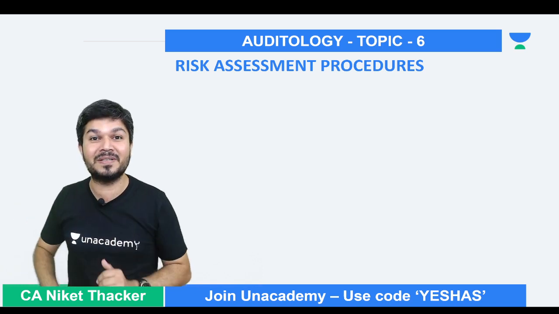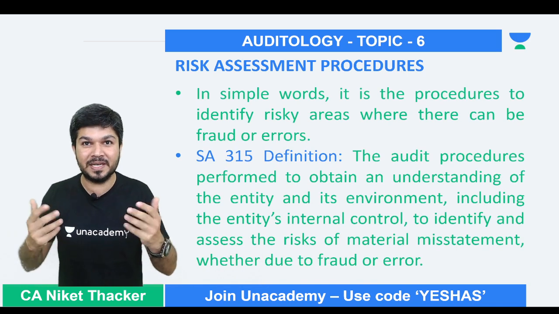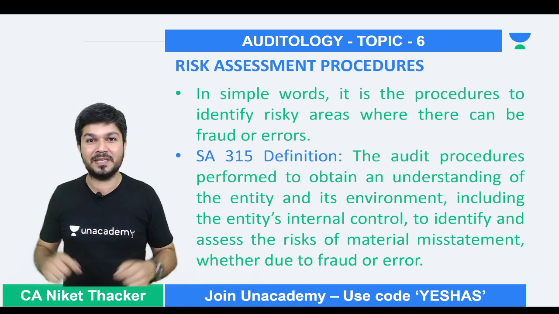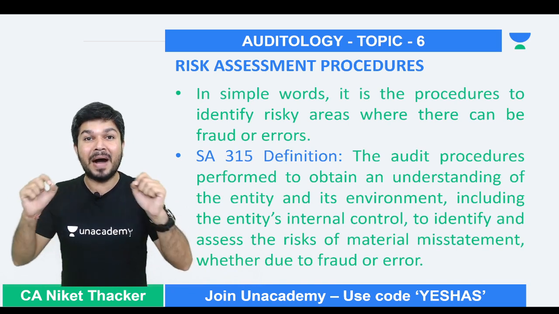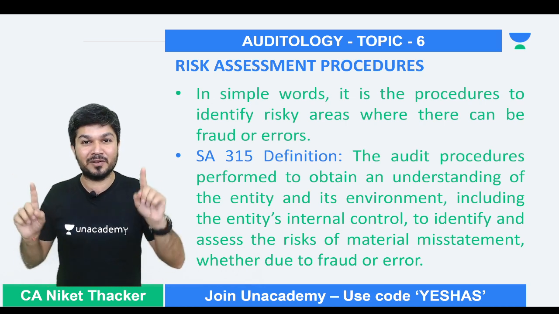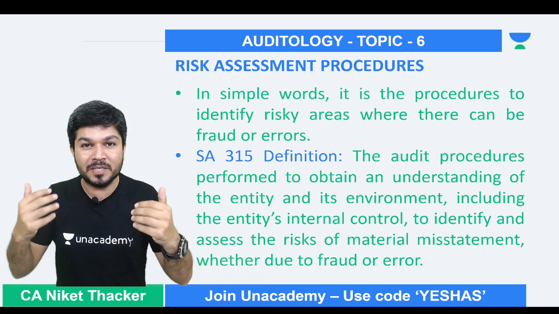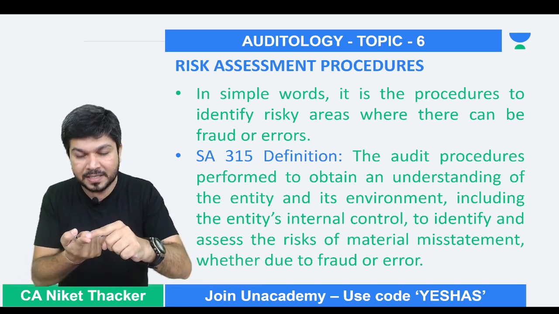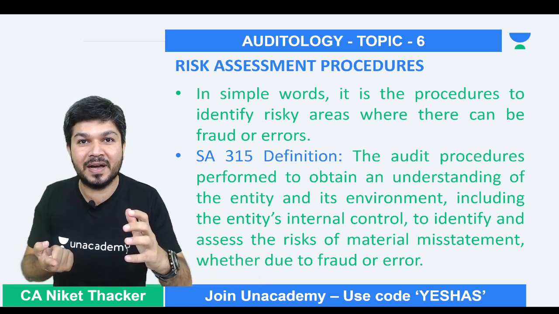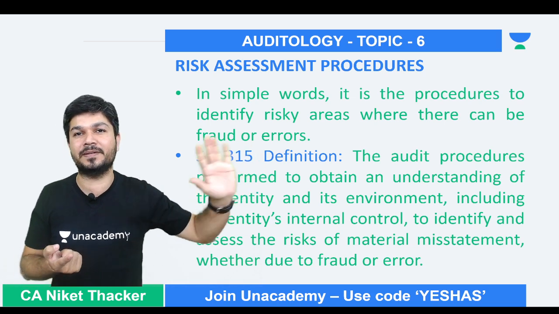So today's term is risk assessment procedure. Simple words, it's a procedure to identify risky area where there can be a fraud or error. SA315 says you identify risky area by understanding entity, environment, internal control. So whatever audit procedures we do to obtain understanding of entity, environment, internal control so as to identify and assess the risk of material misstatement, whether due to fraud or error.